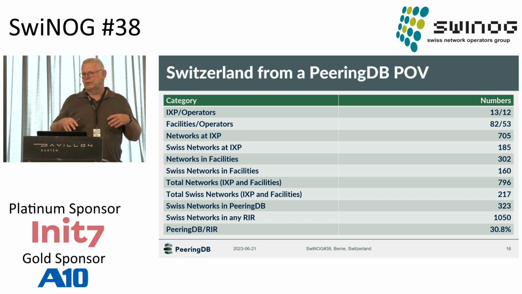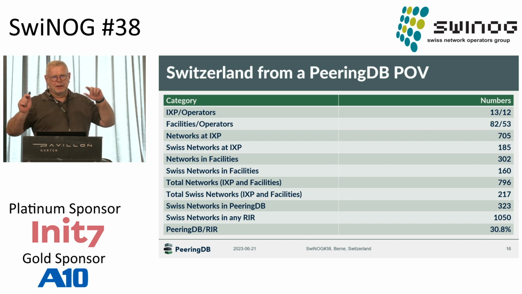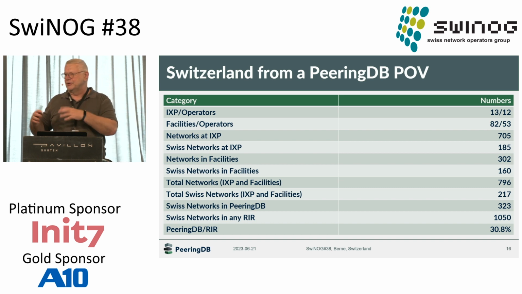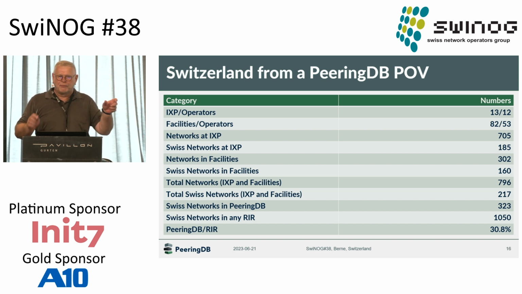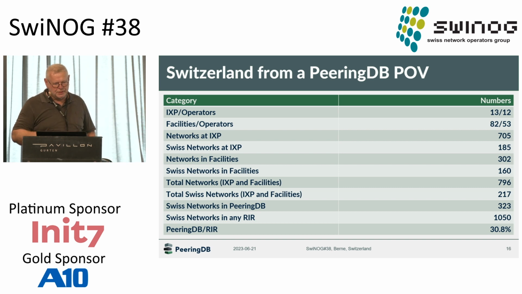Then I also look in more detail at how many of these networks are Swiss networks, and Swiss means I take this information from the RIRs, where the RIRs say this ASN has a country code relationship. I do the same for facilities and so on.